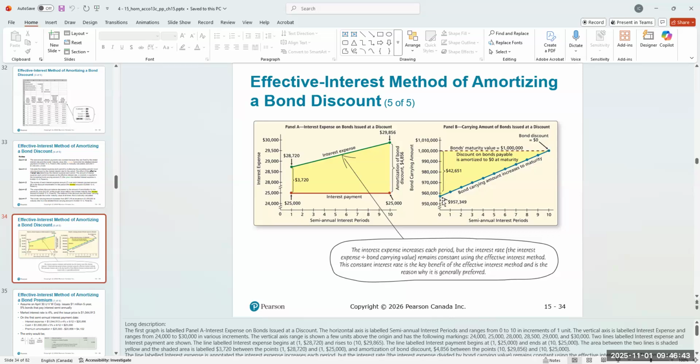So we're starting with 957 and then we start increasing the carrying value until we reach $1 million. In the meantime, the interest payment stays the same, but the interest expense increases. That's what we can conclude from this chart.